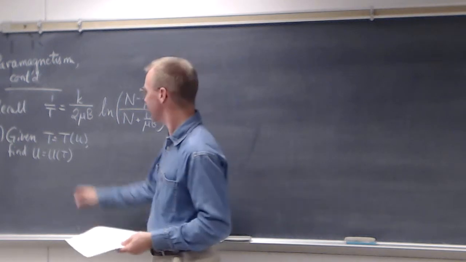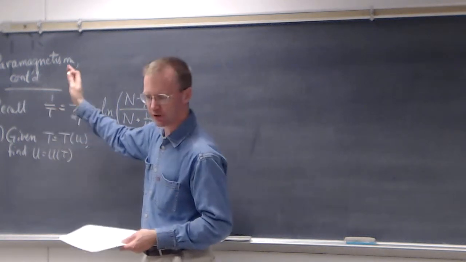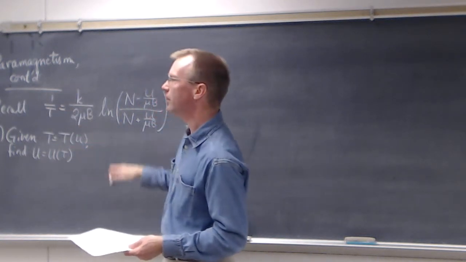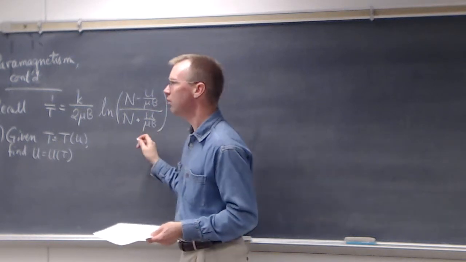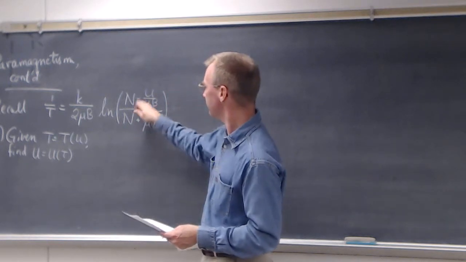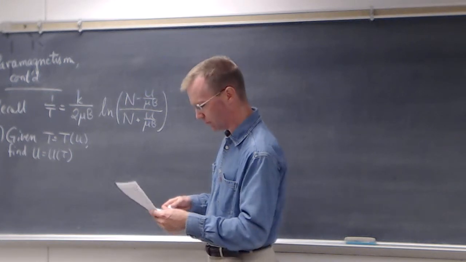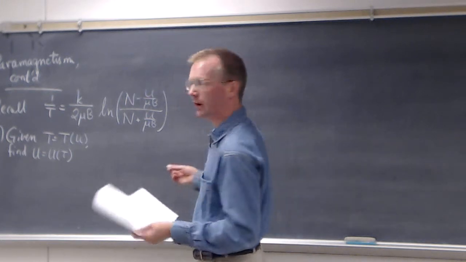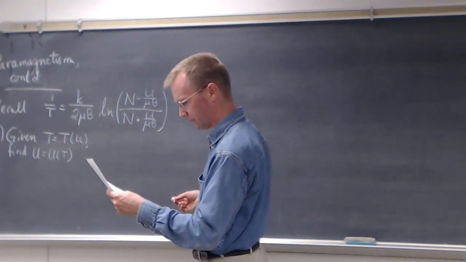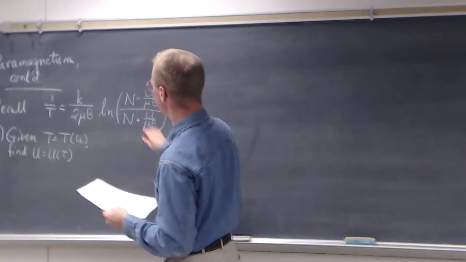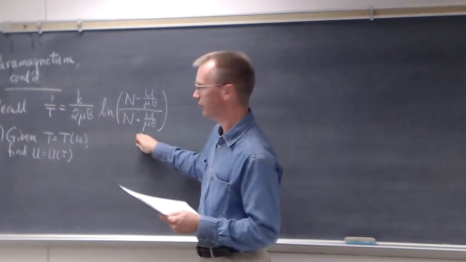Well, what are we going to do? We've got temperature on the left, I know 1 over T, but still. On the right, we've got the natural logarithm of something involving energy. Okay, so we're going to have to exponentiate. So the first thing we want to do is get the logarithm all by itself.